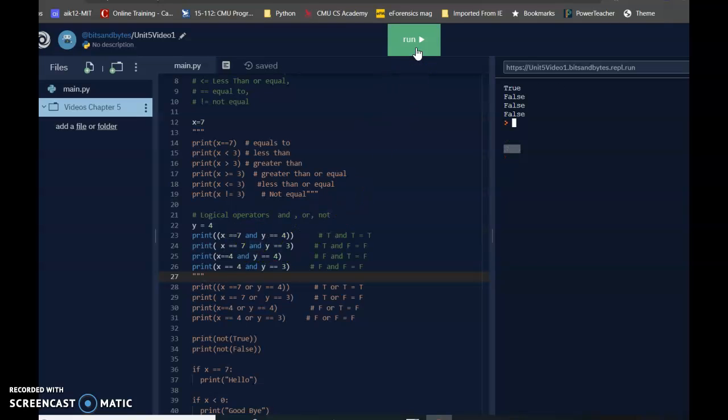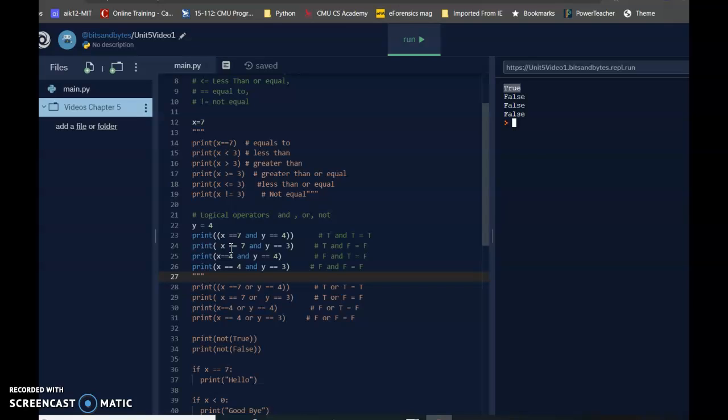If I run it, the first one is true, and all the ones above are commented out. Notice I have x equals 7 and y equals 3. That is a true and a false. X is 7, y is 4, and 4 does not equal 3, so that's a false statement. So a true and a false is false. Remember, both have to be true with an and.